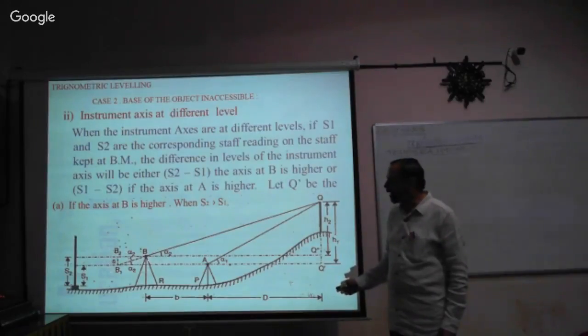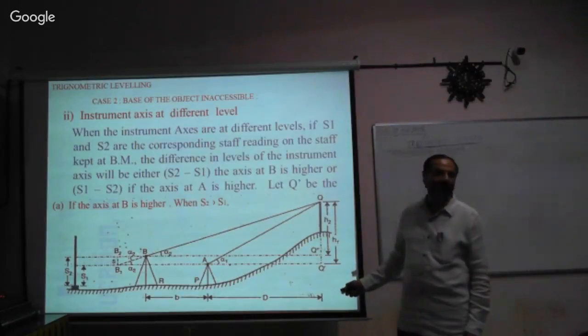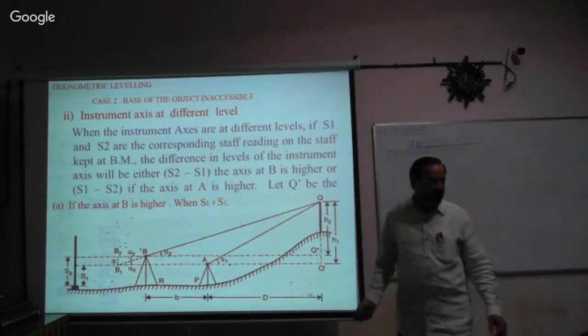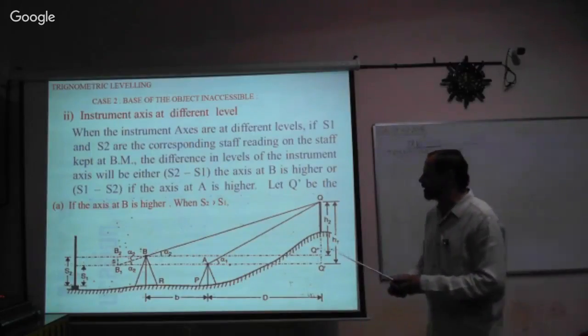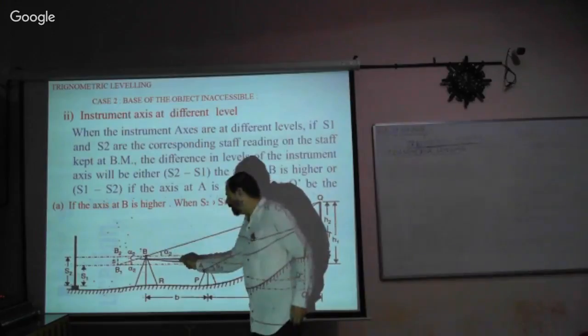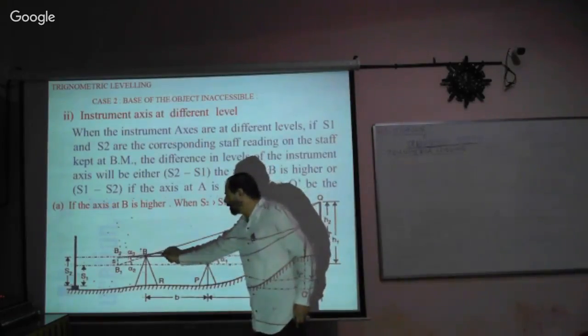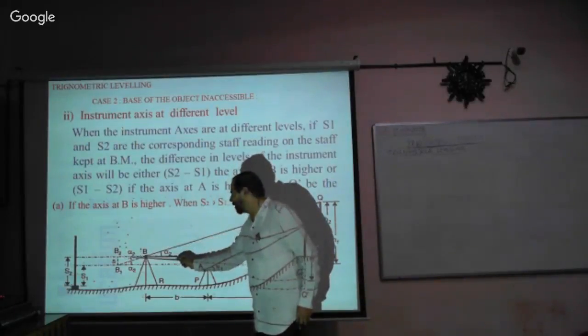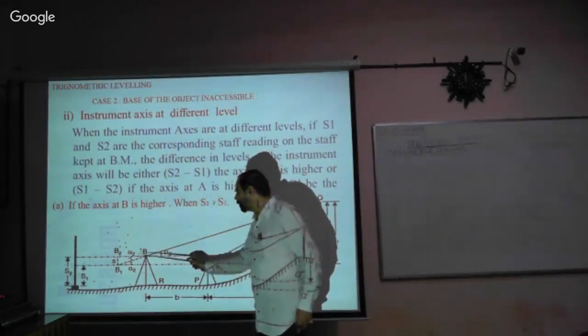Now let us find out the distance between B and B2, B dash and B2. Now let us calculate the distance. Now by considering this triangle, calculate the distance. We know S2 minus S1, the difference in the two stop readings, and alpha 2 is known.